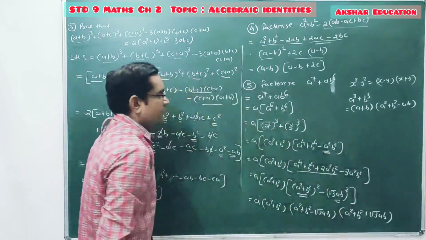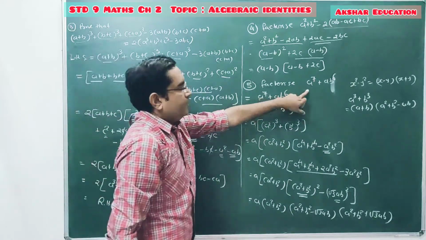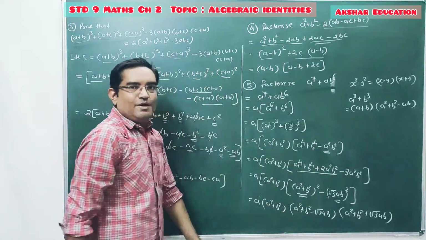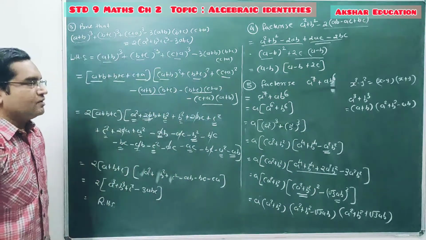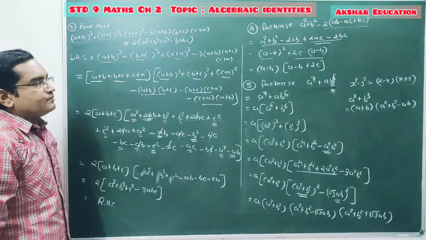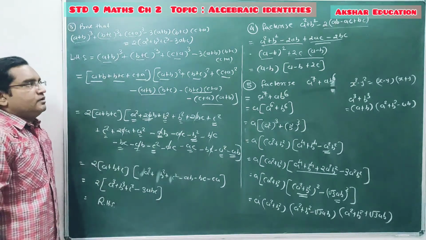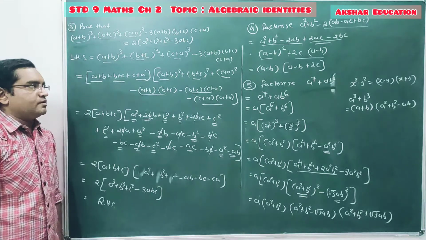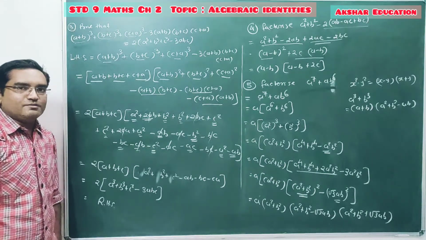This is the factorization of the given expression a raised to 4 plus b raised to 4. Clear friends? So this is how you can apply the algebraic identities in all our questions. So pause the video to note it down.